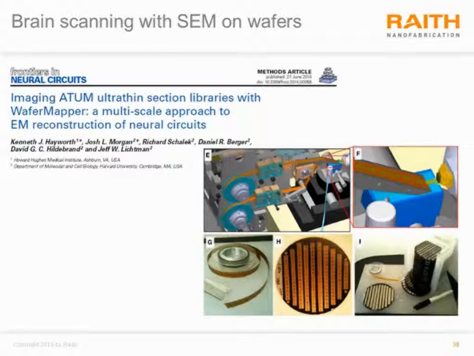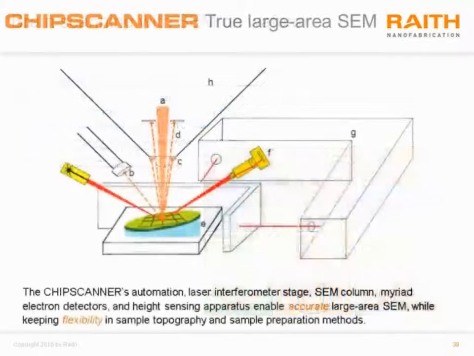However, the wafers are not perfectly flat, and so keeping the sample in focus is certainly a challenge for this method. And so we believe that the chip scanner would be very well suited for this method because it has a height sensing apparatus that is used for keeping the sample in focus over large areas.